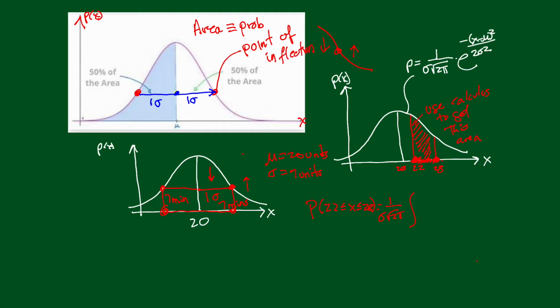We're going to integrate from 22 to 28 e to the negative x minus mu squared over 2 sigma squared, and then I would write dx out here. This is a very hard thing to do. We're not supposed to say hard in math classes, but it is. But fortunately, it's all done in tables, and it's built into the calculator. So that stuff's already been done for us. We just have to get our calculator to do it.